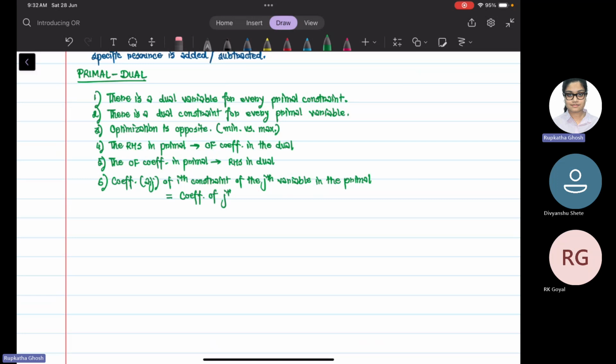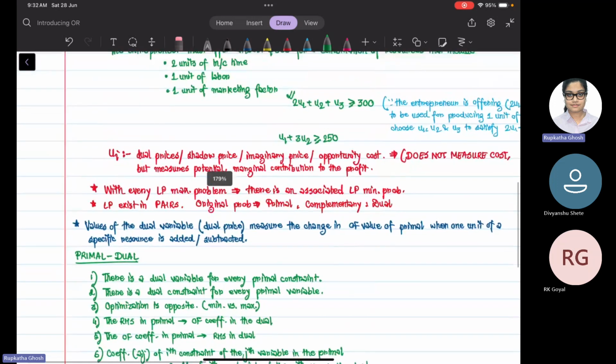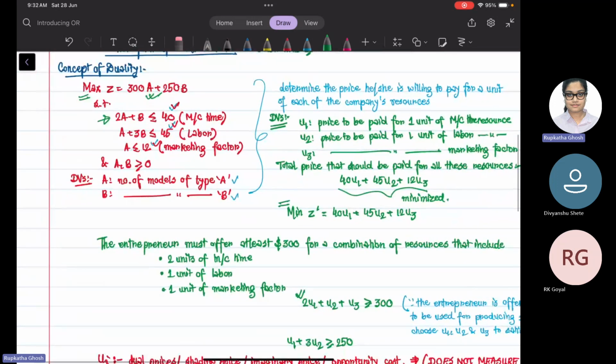When I said A11 was 2, you won't really see much difference. But let's say I say it is A21. Here your A21 is 1, right?